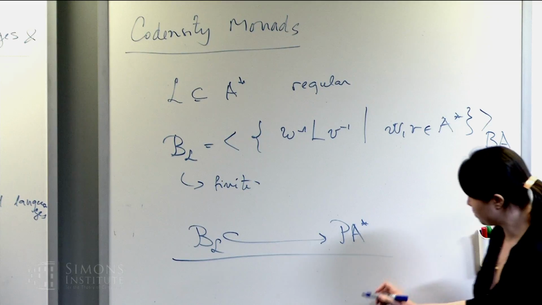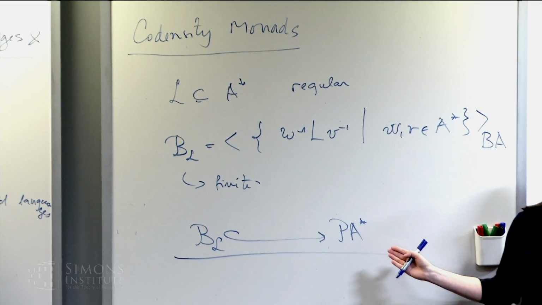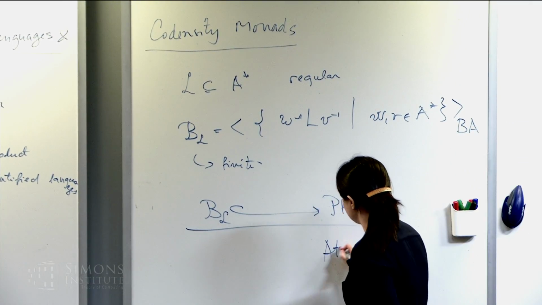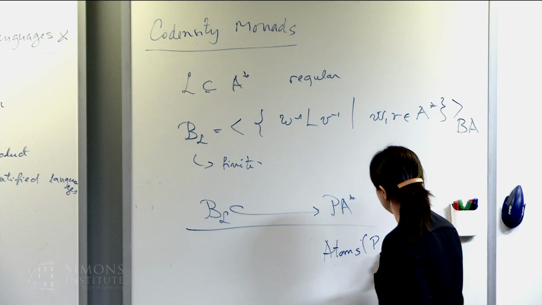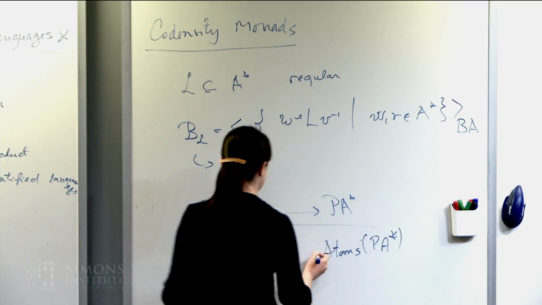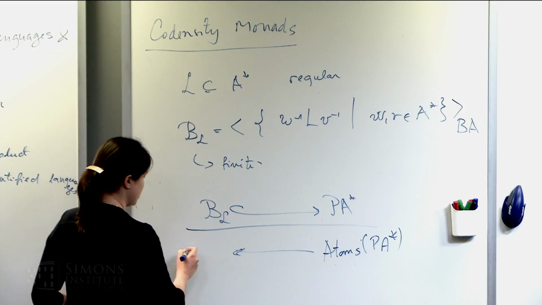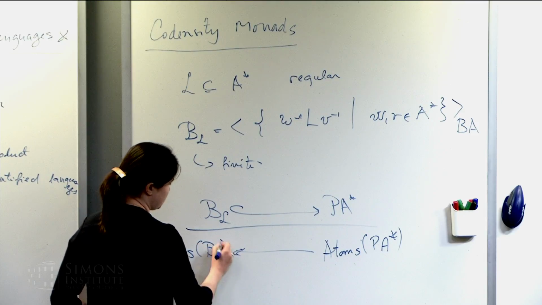we know duality theory, we know that whenever we have such an embedding of complete atomic Boolean algebras, if we go to the dual category, namely to the category of sets, we have that the atoms of the power set of A star, from this set of atoms, we have a surjective map to the atoms of this Boolean algebra B_L.